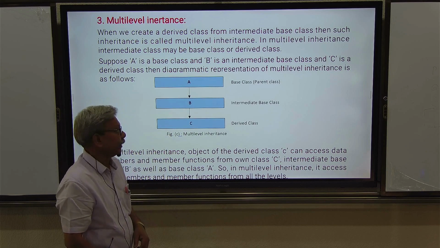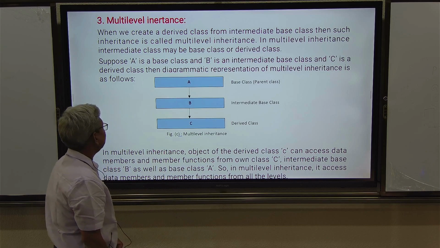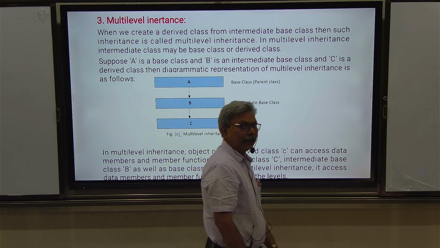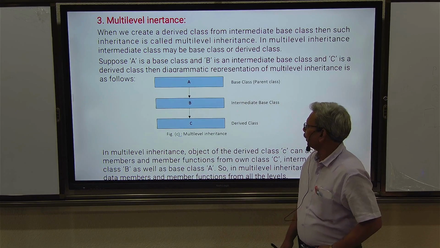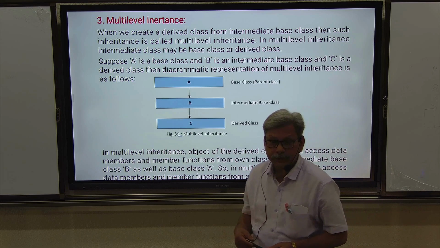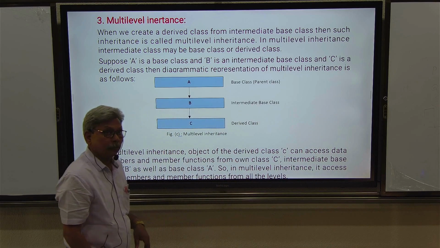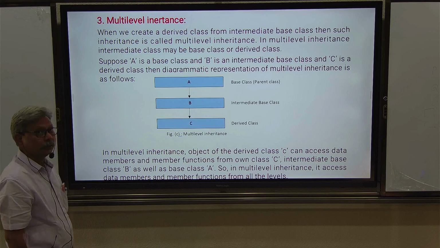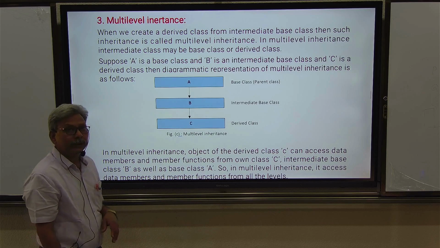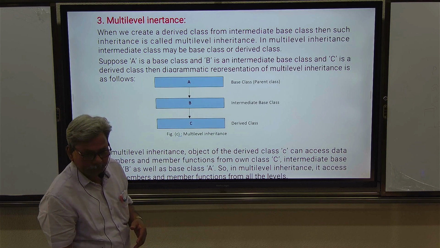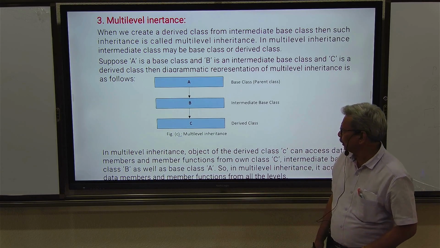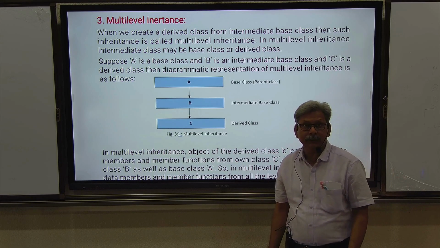Suppose A is a base class, B is an intermediate base class and C is a derived class. An intermediate base class is such a class which is created from a base class and from which a derived class is created. In multi-level inheritance, an object of the derived class can access the data members and member functions from its own class C as well as intermediate class B as well as base class A.